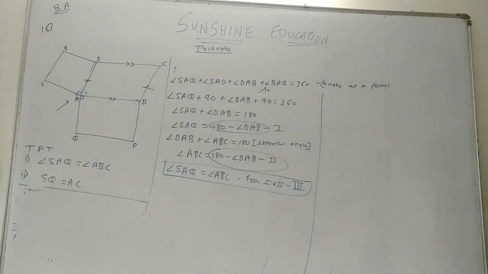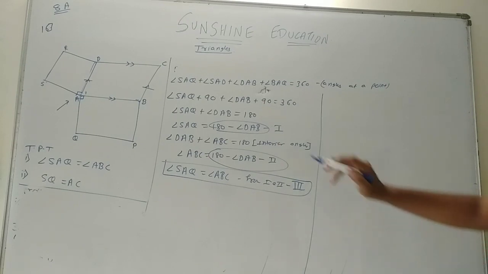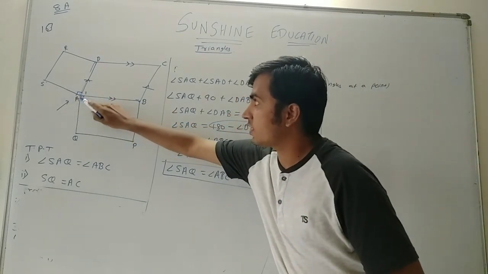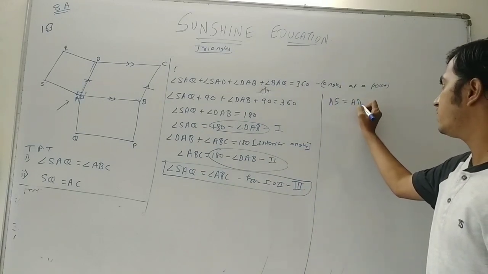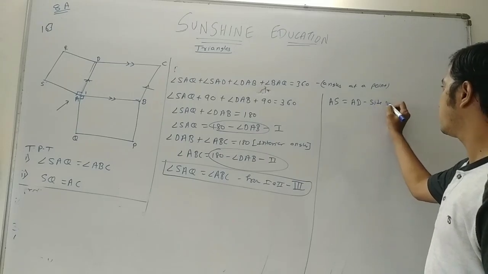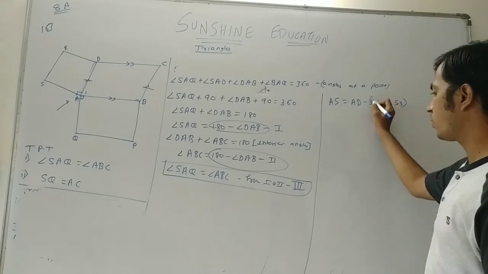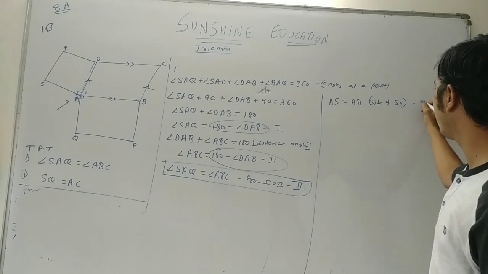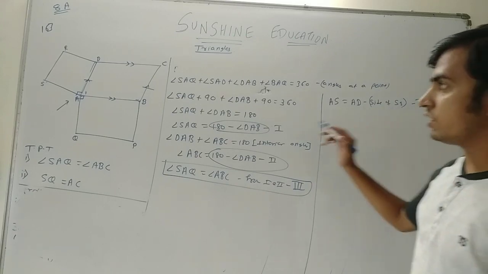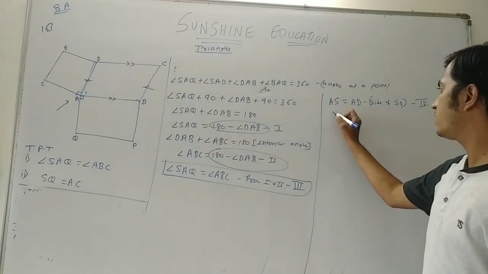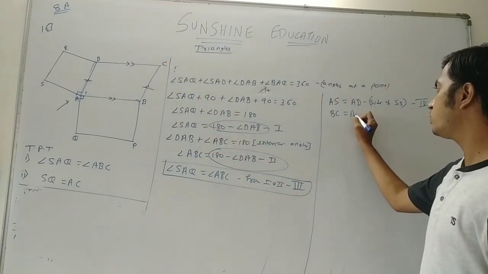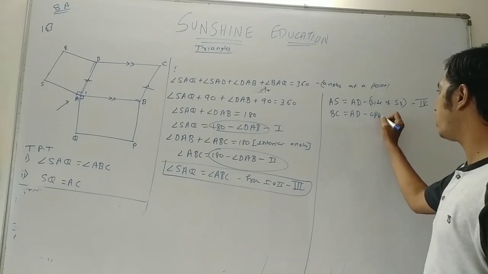Now we know that AS is equal to AD, sides of a square. 1, 2, this 3, then this is 4. And we also know that BC is equal to AD, opposite sides of a parallelogram.